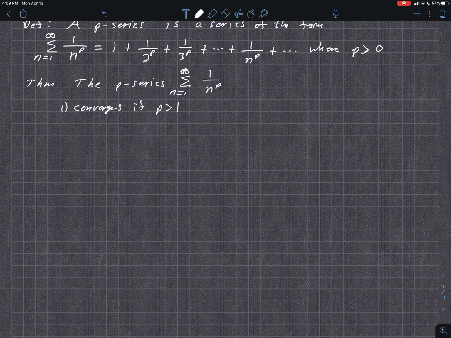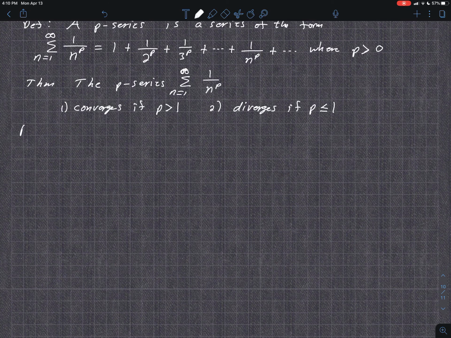You're raising n to a higher power, like 1.5 or 2. And two, the series diverges if p is less than or equal to 1. So we can apply the integral test to prove this.